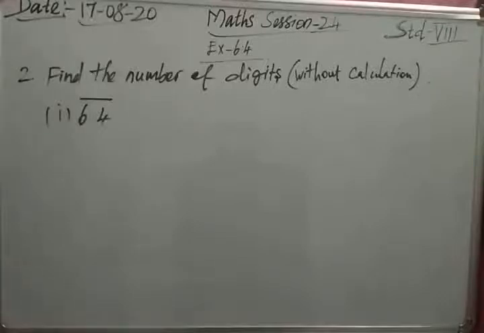So here, how many bars are there? Only one. If the bar value is equal to 1, then the root has one digit.